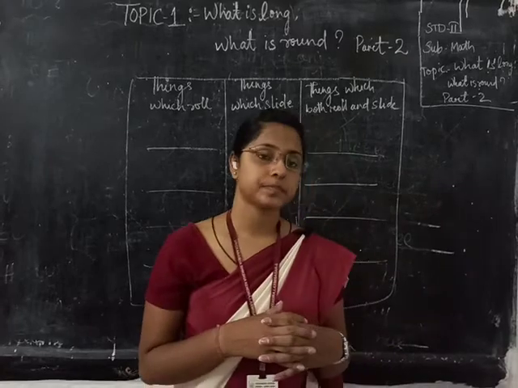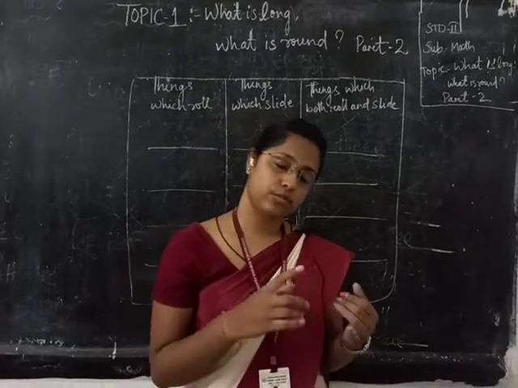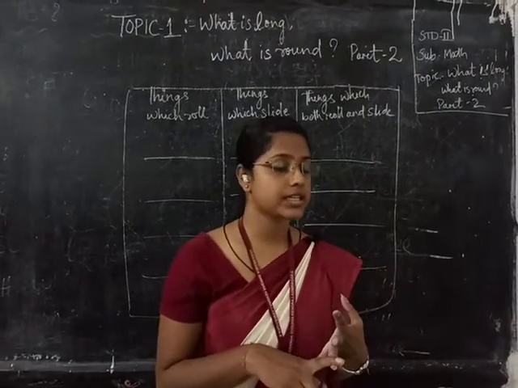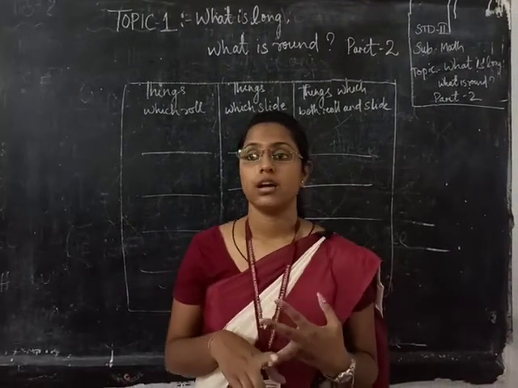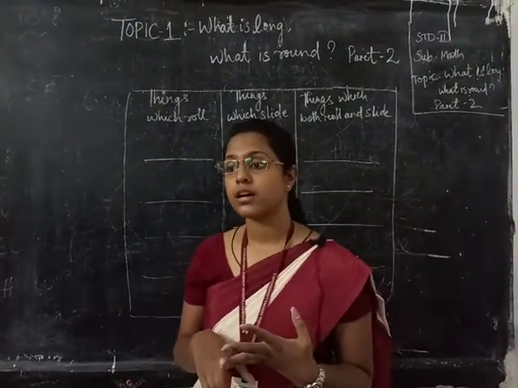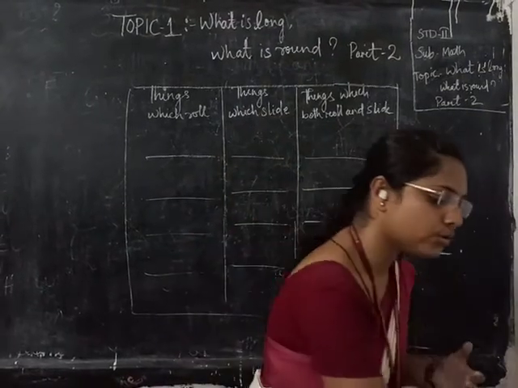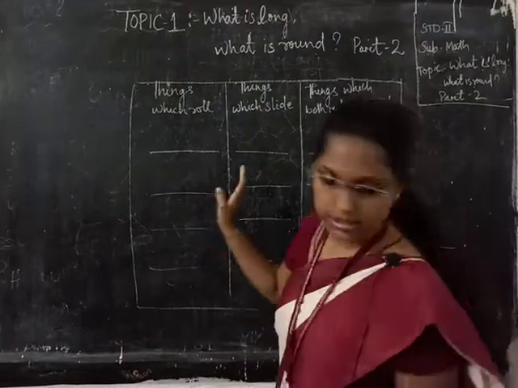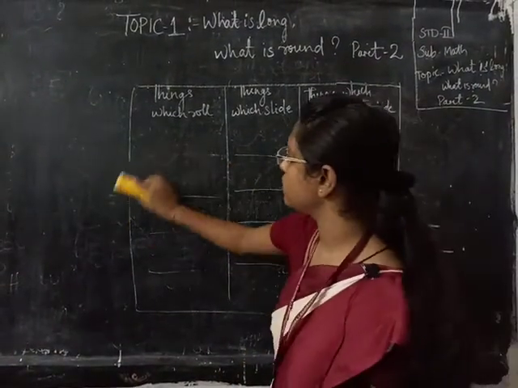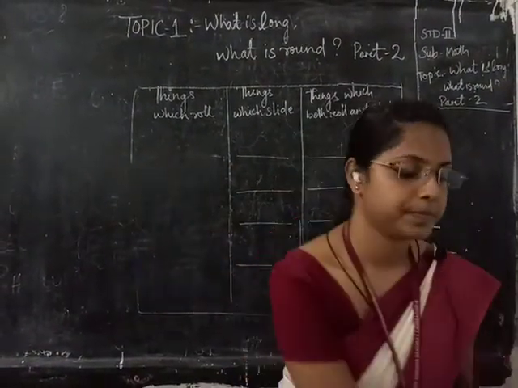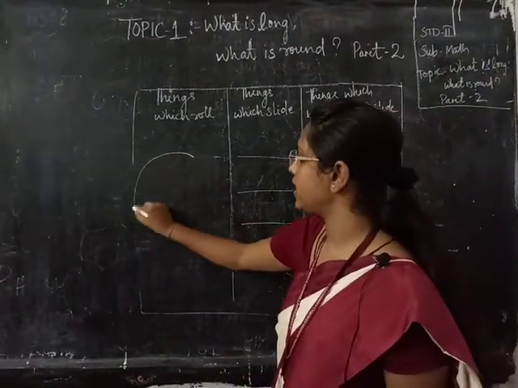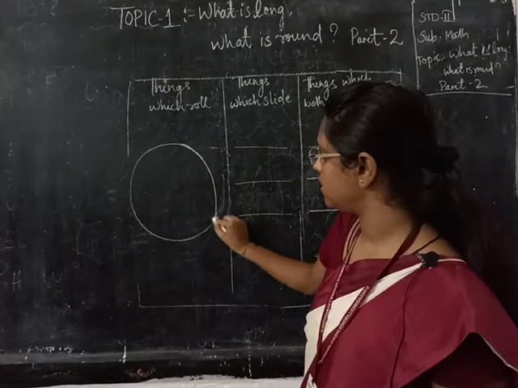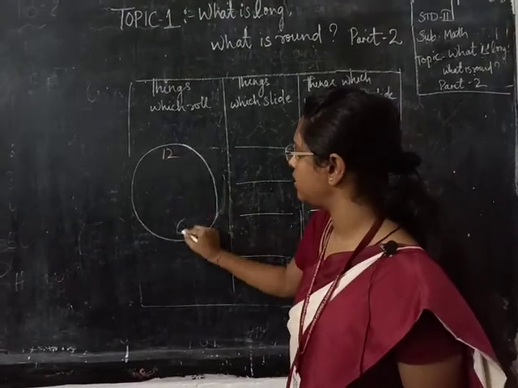And now tell me about the things which are round, which look like a round figure. Yes, your ball, your football. Very good. Next, your clock also. Just look here. If I draw a clock here, it is also round.